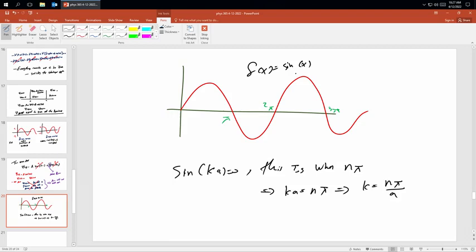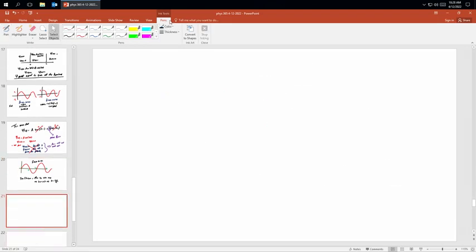So n is an integer, right? So f of x, let me go ahead and write this down. f of x is going to equal sine kx, and a is 1.